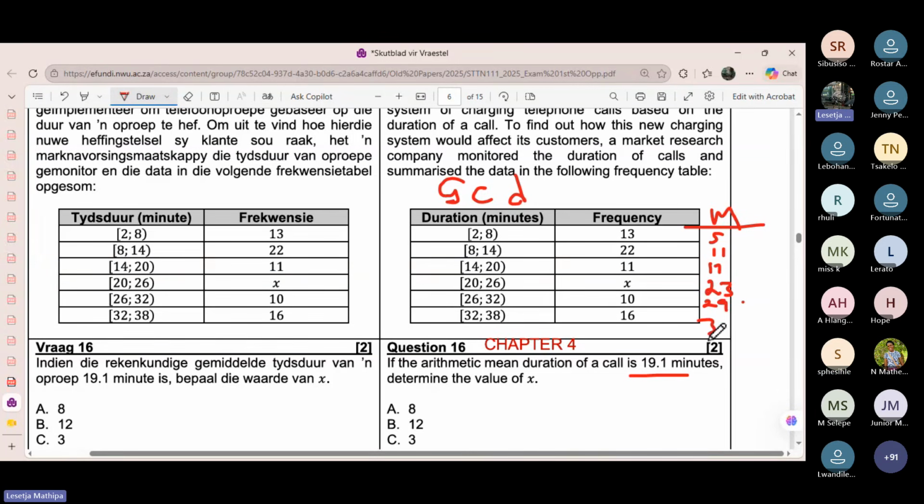These are your midpoints: 5, 11, 17, 23, 29, 35.